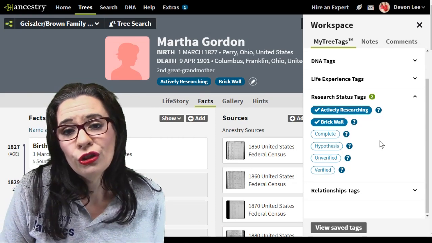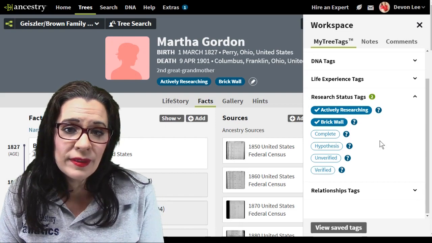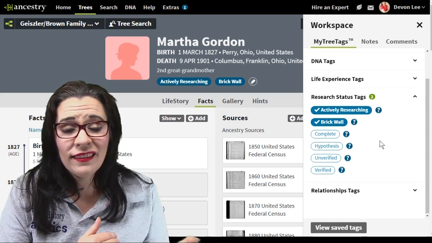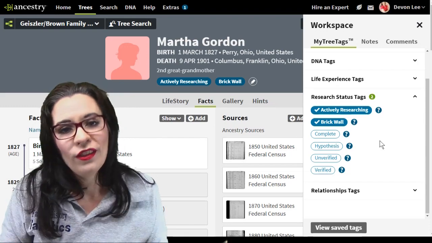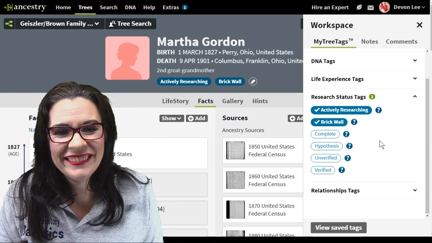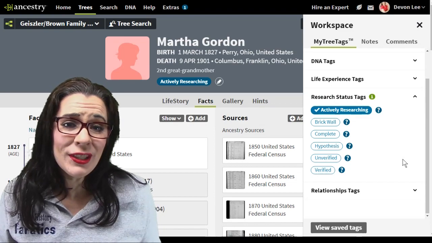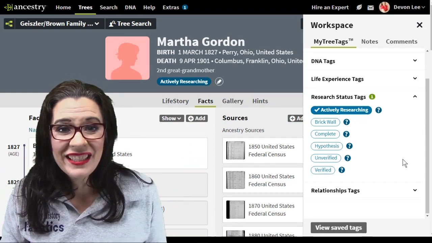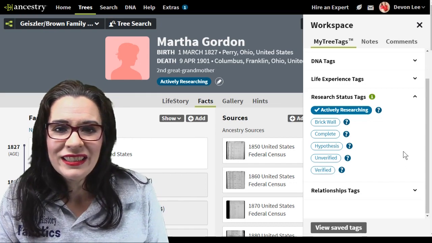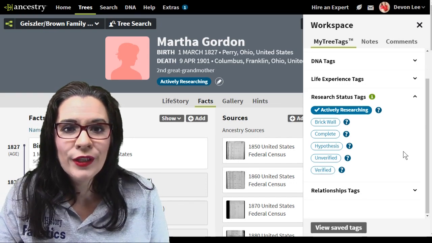Or if somebody comes to your tree and sees that you have them as a brick wall, either they can collaborate on that same person and provide you new information, or they know they'll be stuck as well. Now, remember, these tags are supposed to be universal. The next one isn't very universal.